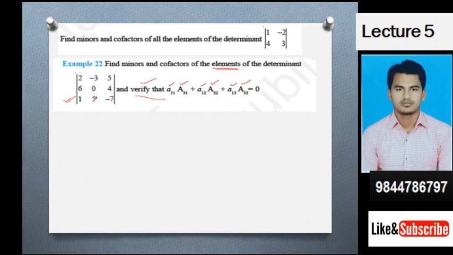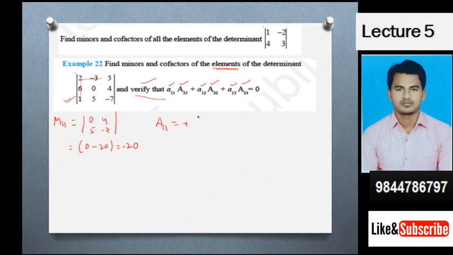Let me calculate the minors and cofactors. M11, eliminating first row and first column, is the determinant of 0, 4, 5, minus 7, which is 0 minus 20, so minus 20. Write the cofactor here: 1 plus 1 is 2, an even number, so it is plus.